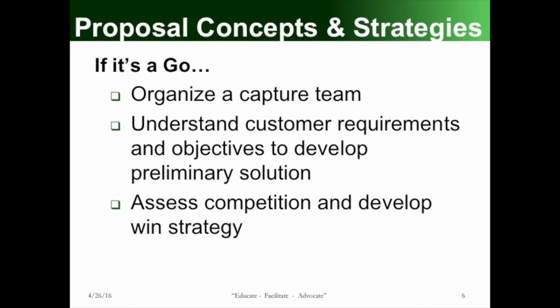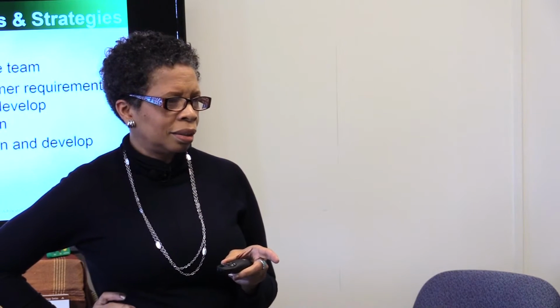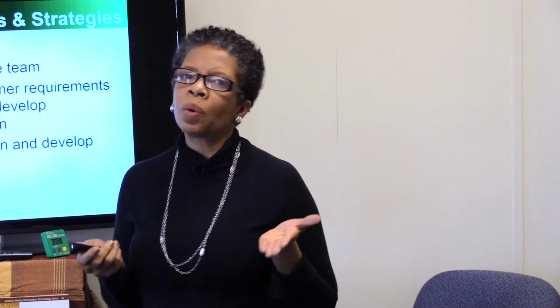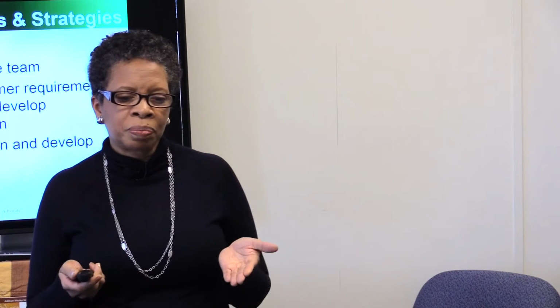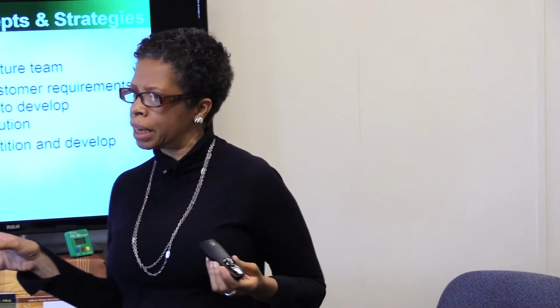And then you're going to assess the competition and develop a winning strategy. As an example, if your background is accounting, and you see a company like Anderson, a large CPA company, or Price Waterhouse, that's the one thing about the contracting space: sometimes you see that there are no set-asides.